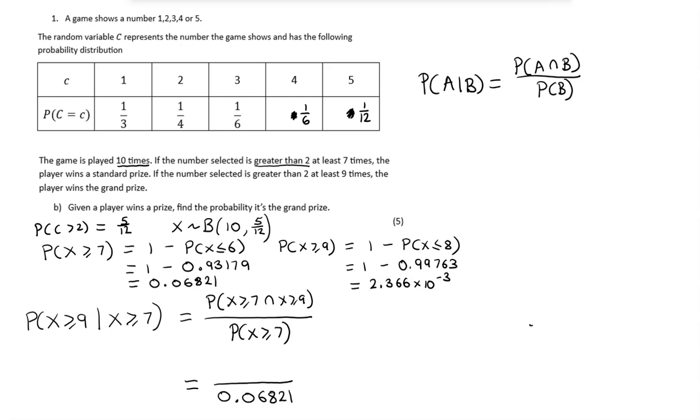If you get 8 successes, then it meets the first condition of being 7 or more, but it doesn't meet the condition of being 9 or more. So we just put on top the probability that x is greater than or equal to 9.